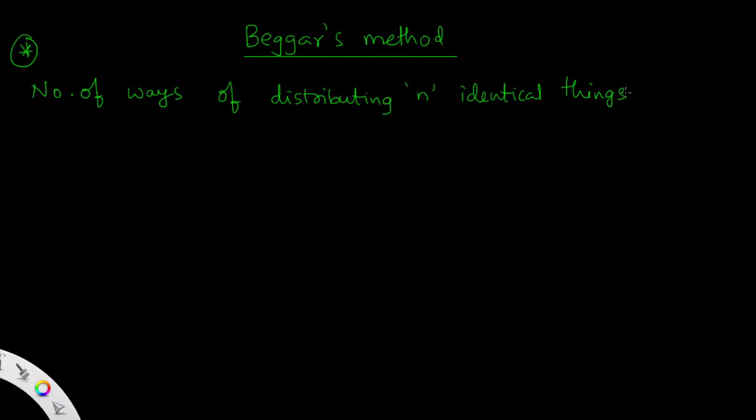Okay, and identical things among p persons. Total persons are p, among p persons without any restriction.